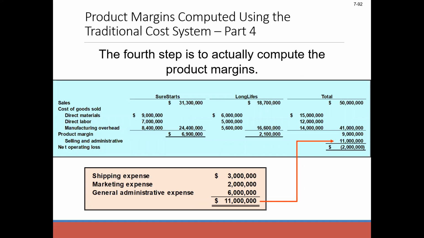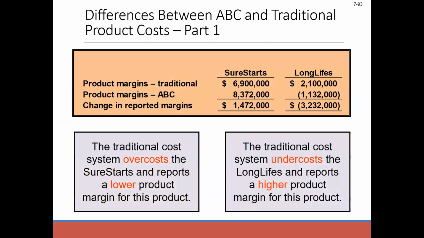Ultimately, this is how we come up with our product margins. So what's the difference in going this route versus our traditional product costs?